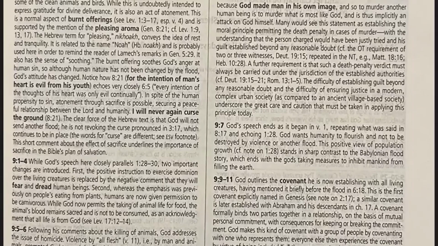Beyond any reasonable doubt, once they're guilty, then the death penalty can happen, right? And this idea of the requirement of 2 to 3 witnesses, right? Which is pretty synonymous with sufficient evidence, right? So only with sufficient evidence can their guilt be established. Once their guilt is established, only then can the death penalty happen, right?